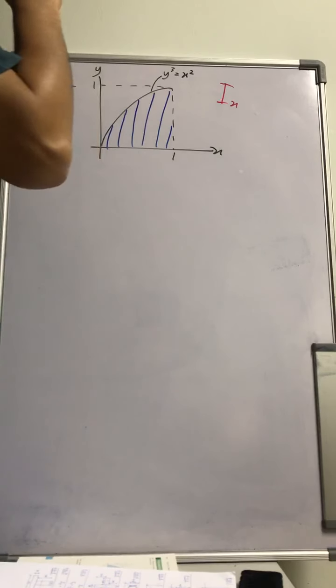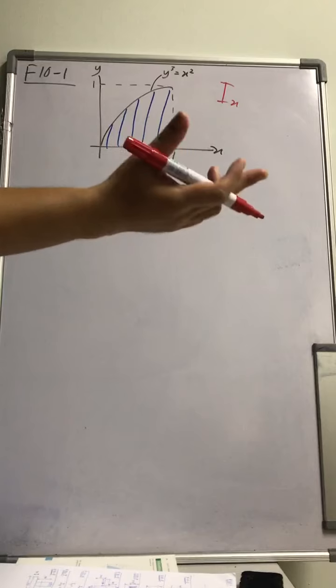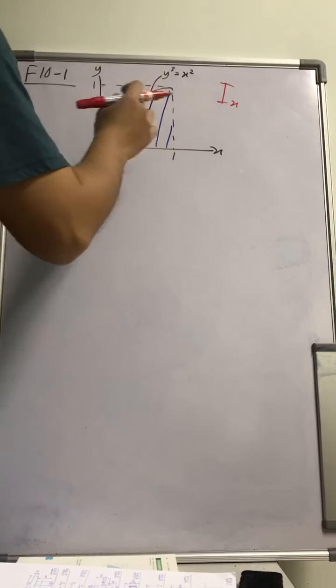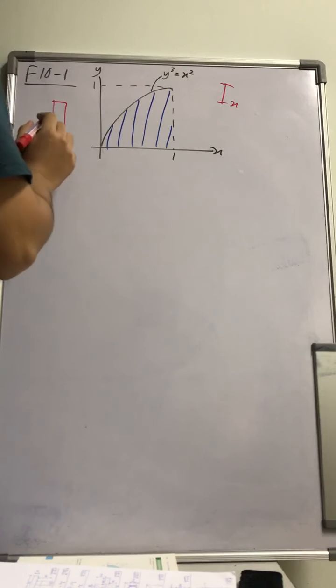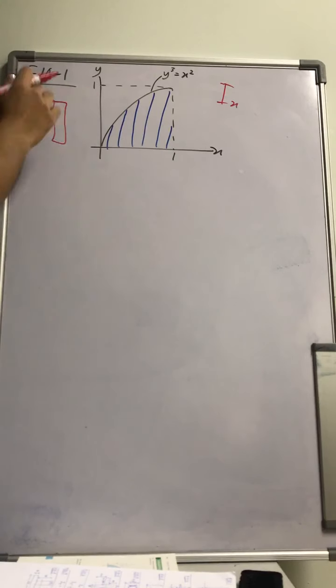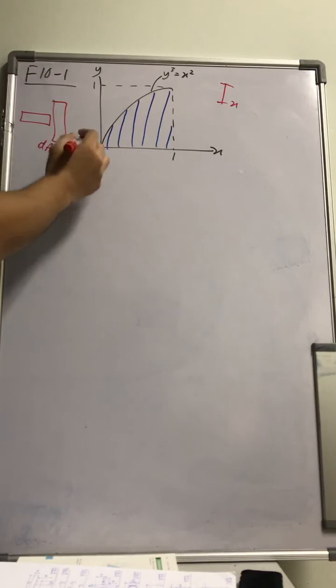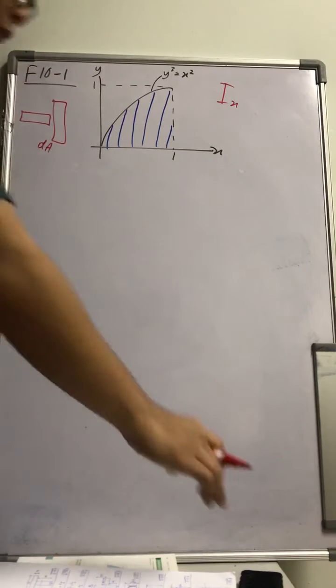As explained in the lecture, like for the centroid in chapter 9, you can choose a differential element, the strip, either horizontal or vertical. You can choose this differential element dA either way, no problem.